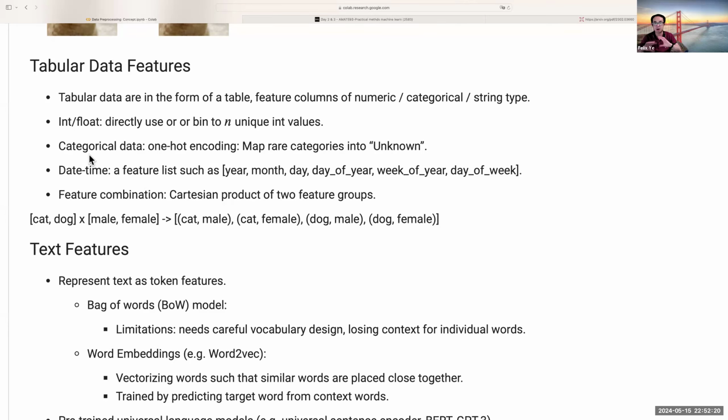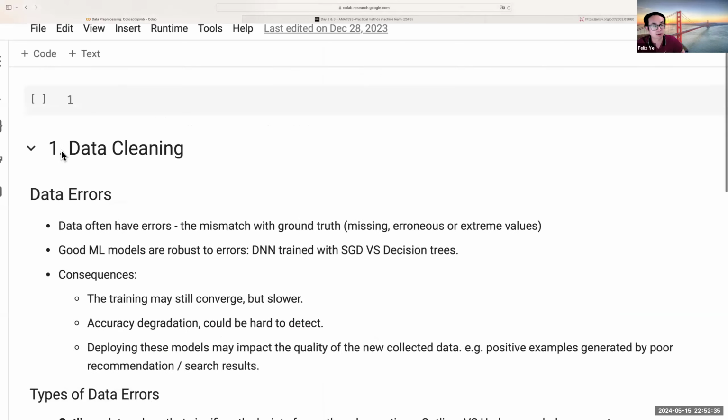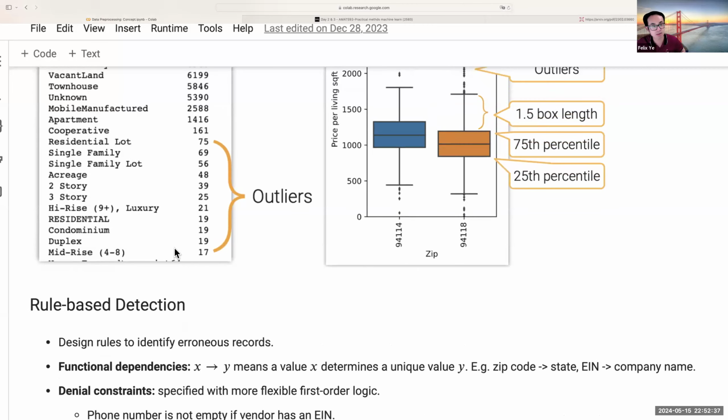If you have very rare categories, which happens a lot, when a feature has a vast number of values, for example, the type of houses we talked about, you can see right here they have a lot of rare values, right? We consider them outliers.